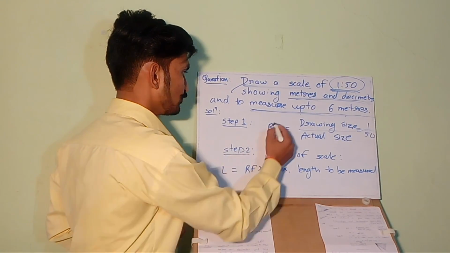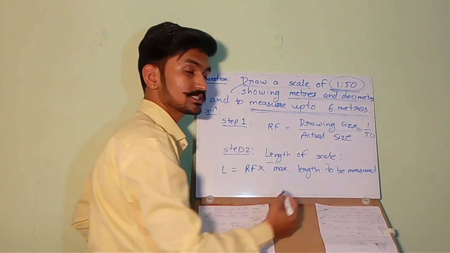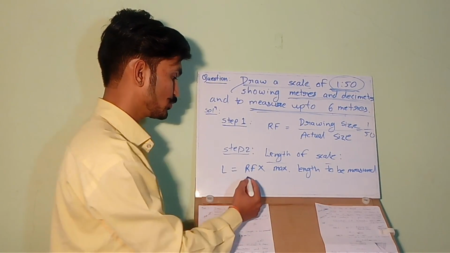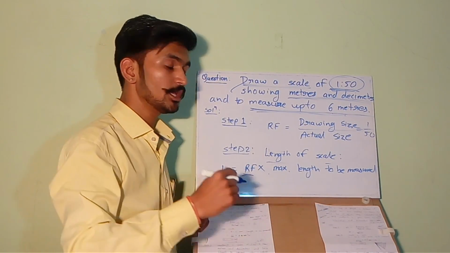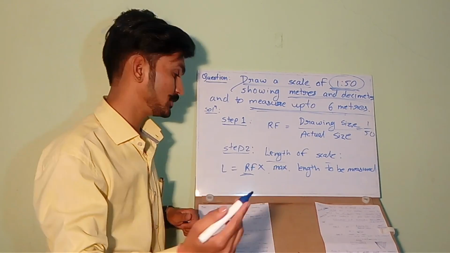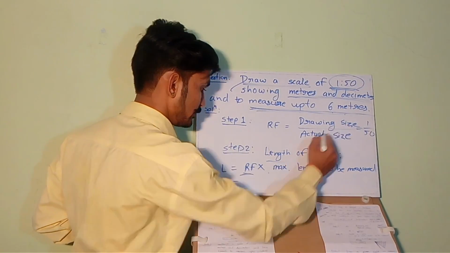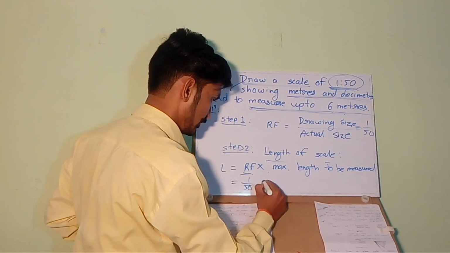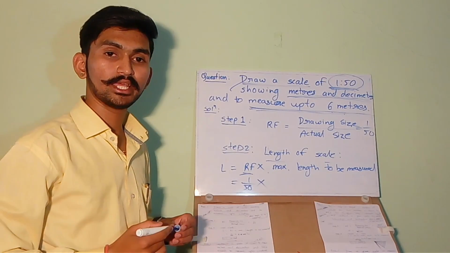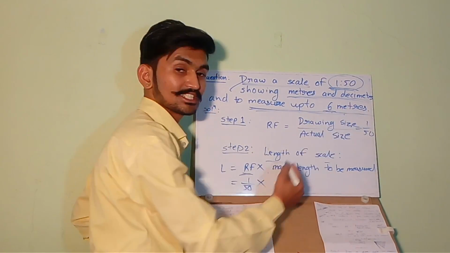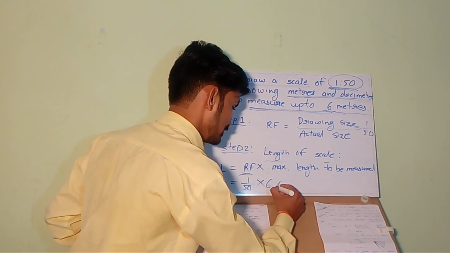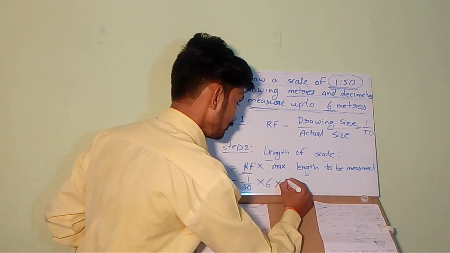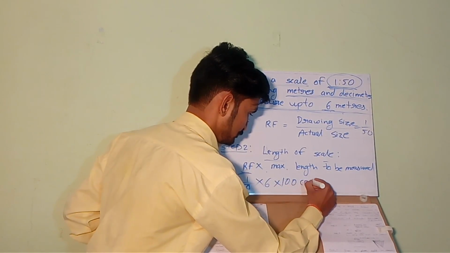From this line we can get the length of the scale, because the length of the scale is equal to RF multiplied by the maximum length to be measured. So we have RF 1/50 multiplied by the maximum length to be measured, which is 6 meters, means 6 multiplied by 100.